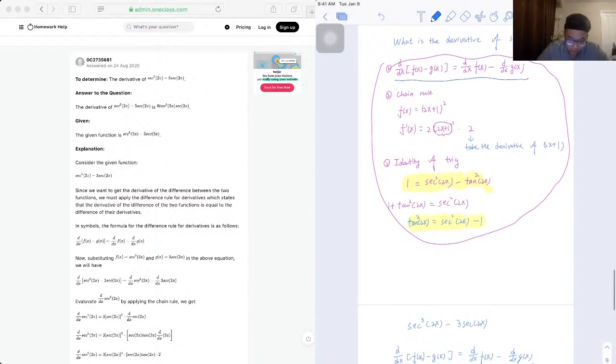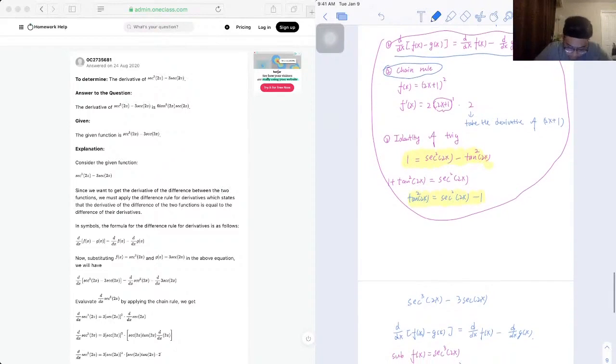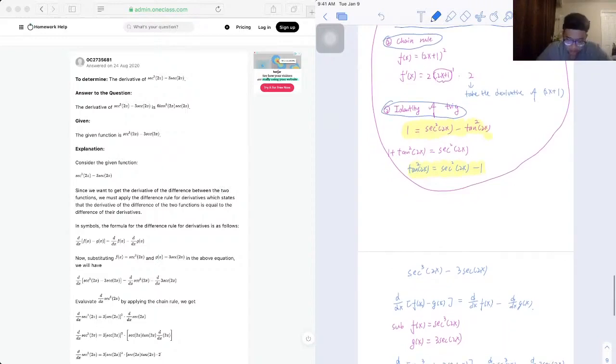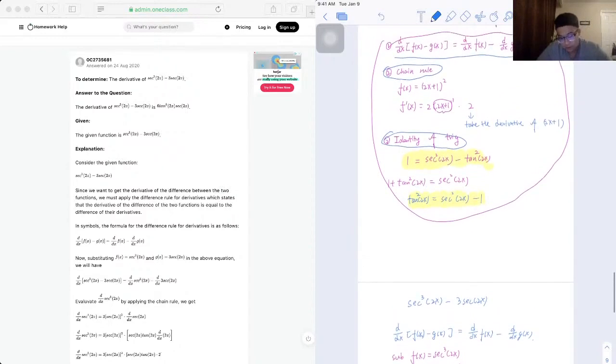And also the chain rule. Don't forget to take the derivative of whatever is in the bracket. And also the identity of trig. So 1 is equal to secant 2x squared minus tangent 2x to the exponent of 2. And you can always move things to the right hand side or to the left hand side.